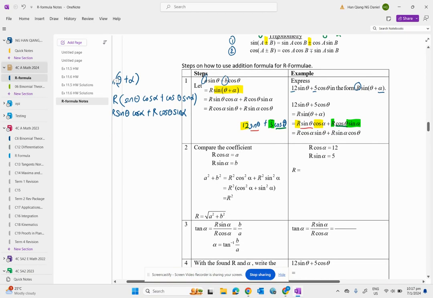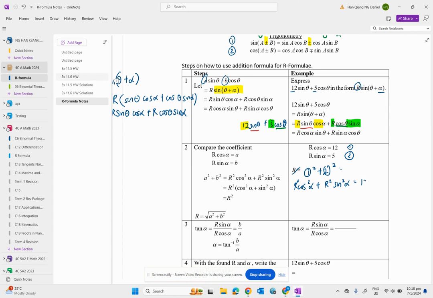So if I call this number one and this number two, right? I rewrite it, 1 square plus 2 square. I have r square cos square alpha plus r square sine square alpha equals 12 square plus 5 square on the right side.